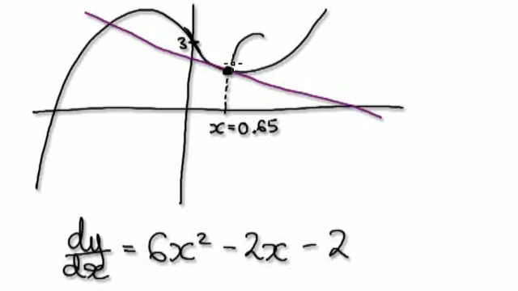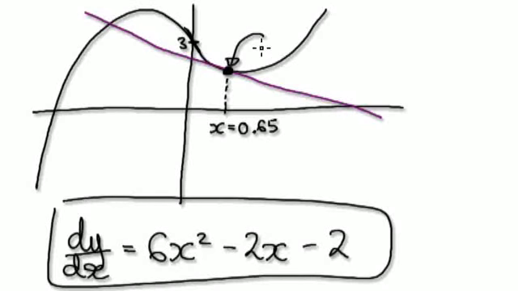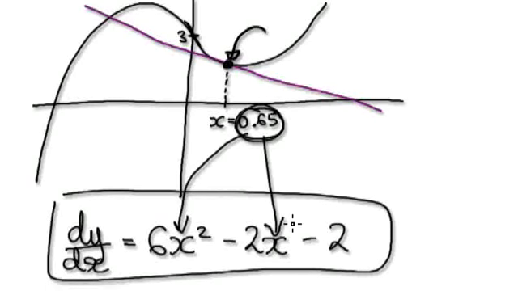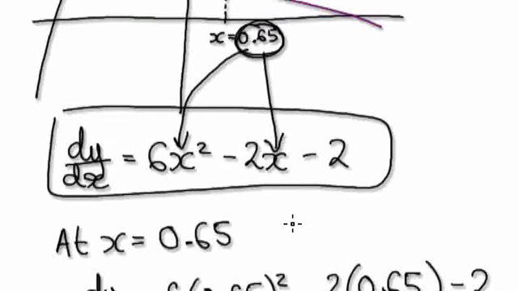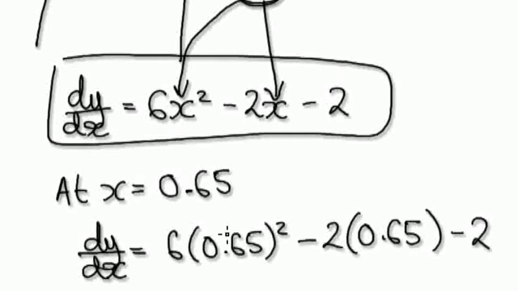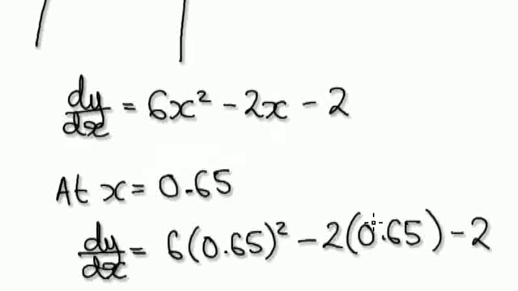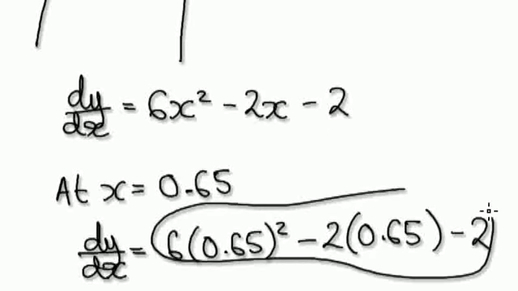Now you want to know the gradient at this point here. So if you want to know the gradient at this point, then put 0.65 into here, and then put 0.65 into here, and then work it all out. So at x equals 0.65, dy by dx will be this.